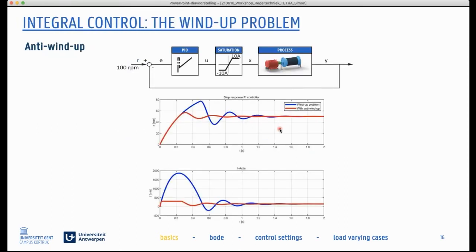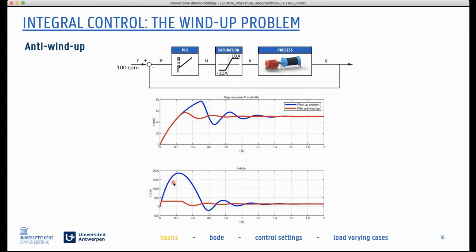All right, one thing for integral controllers: if you need an integral controller, use the anti-windup, because windup means that the integral value can get too large. For instance, your integrator indicates that he wants to put a current of 2 amperes in your machine, while this is a machine that can only handle 250 milliamps.